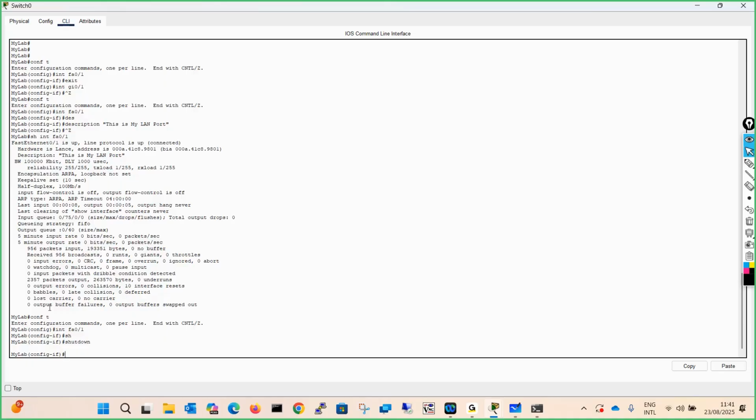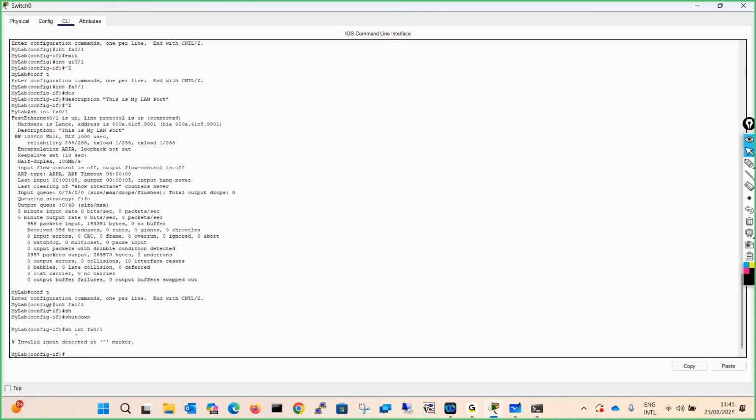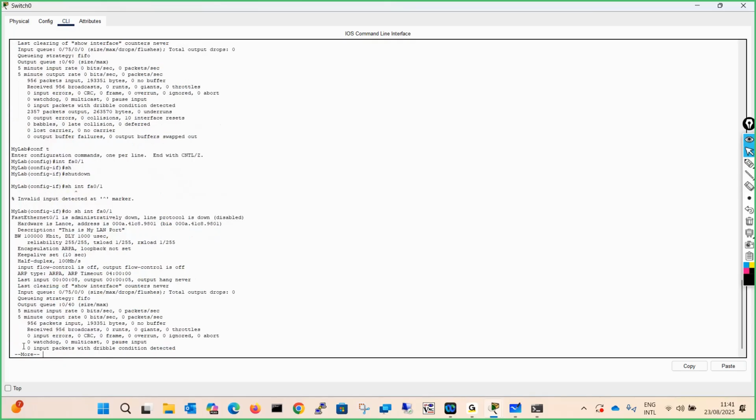Let's say, what was the command to check the interface detail? It was show interface FA0/1, right? If you hit enter, it will not work. Why? Because you are in interface configuration mode. But if you want to check the output over here, just say do show interface FA0/1 and hit enter. It will give you the output.